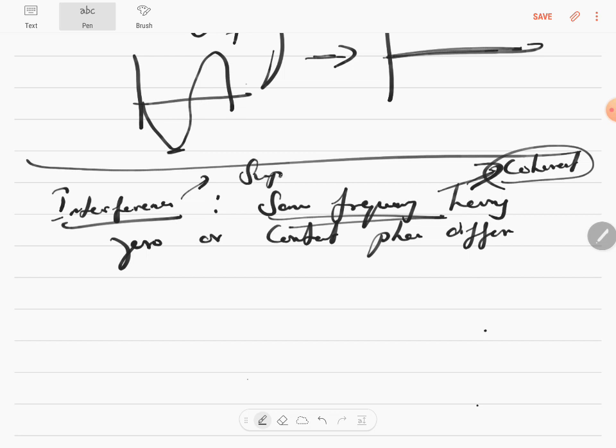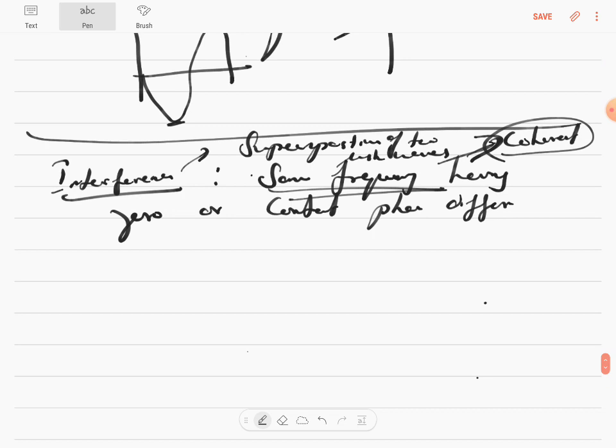Interference is the superposition of two light waves having the same frequency and zero or constant phase difference, which produces a pattern with maxima and minima on the screen. Just make sure you write these notes when I say this. This is known as interference of light.